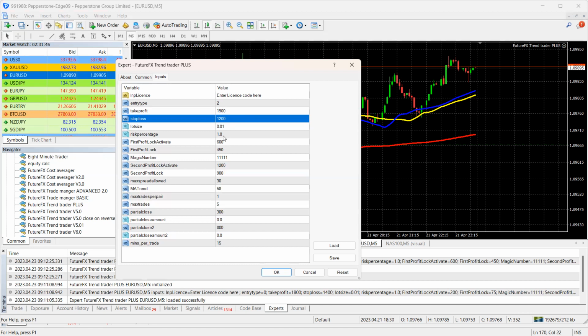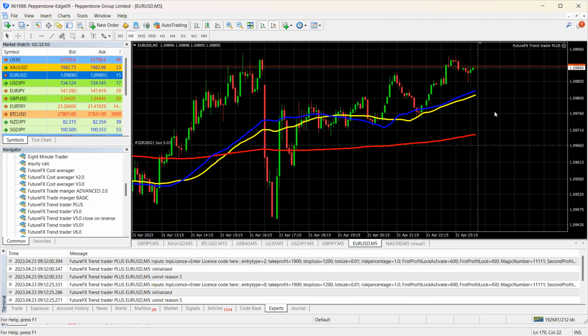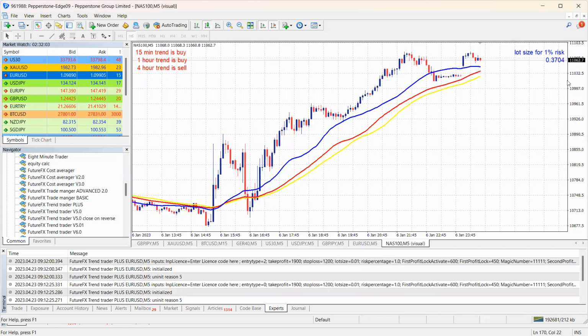Okay, lot size and risk percentage. If you want to risk 1% of your account balance per trade, you just enter 1 there. It's not doing it now because the markets aren't open, but it will display the lot size and risk here, just like this. So it will tell you that the lot size you need for a 1% risk is 0.37.